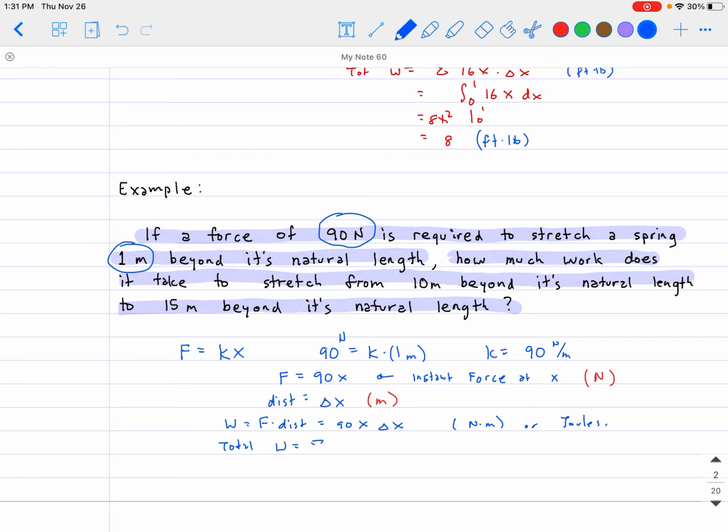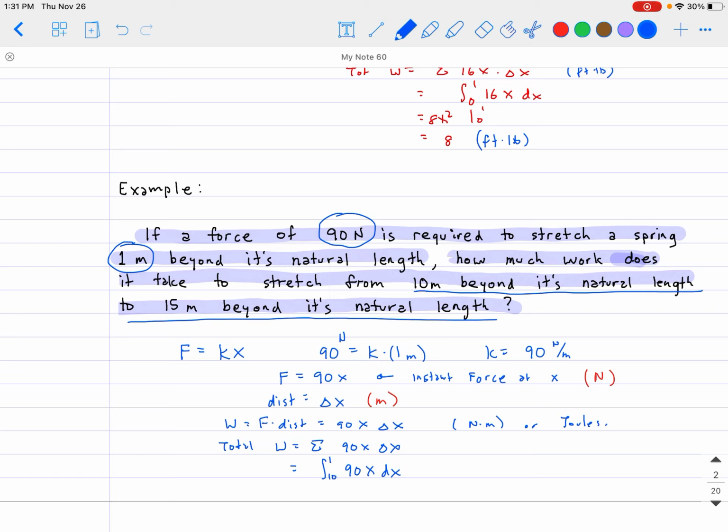Finally, I want to find the total work. That means it's the summation of every one of those instantaneous moments, and once again, that's where the integral comes in: the integral of 90x dx. Now, for the boundary, let's read that part. It says I want to find out how much work it takes to stretch from 10 meters beyond its natural length to 15 meters beyond the natural length.